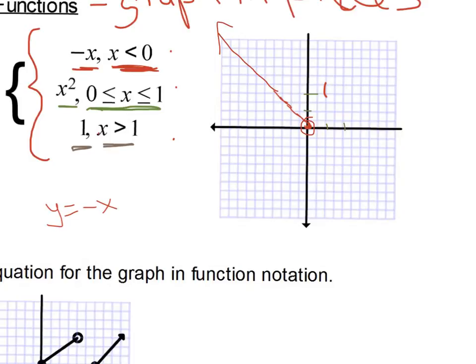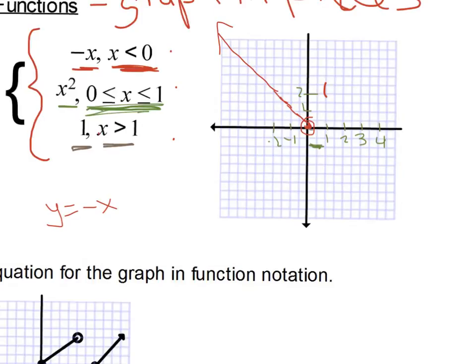I'm going to do my axes every other one being a mark, so it's a little easier to see. -1, -2, etc. All right, so now between 0 and 1 for x, that's this little space right here, it's a parabola. So I would normally draw a parabola going all the way up and all the way over here. But we're not drawing the whole thing. We're only drawing that part between 0 and 1.